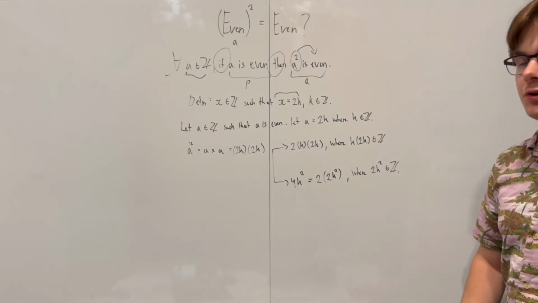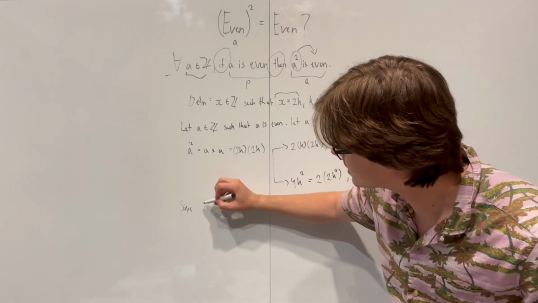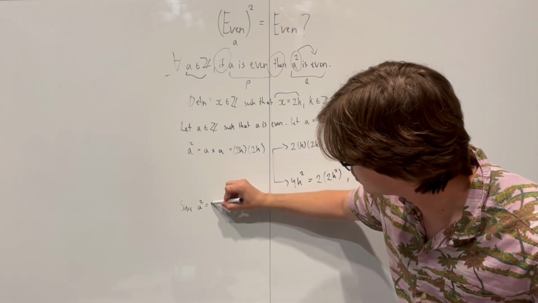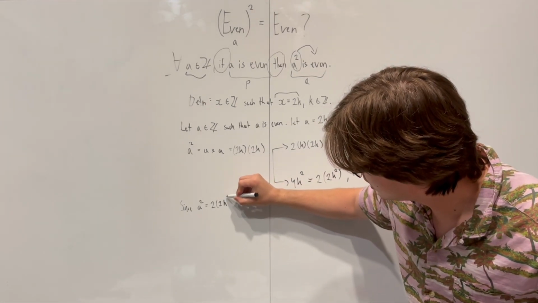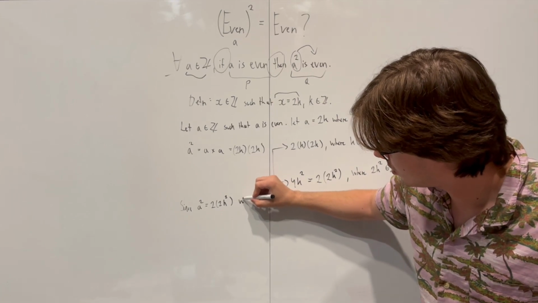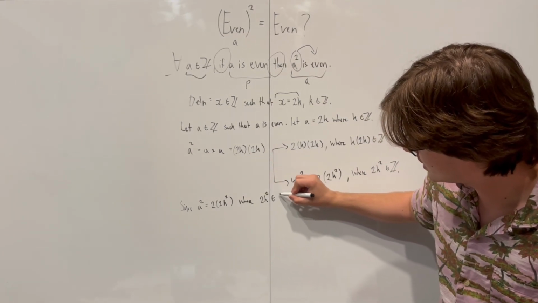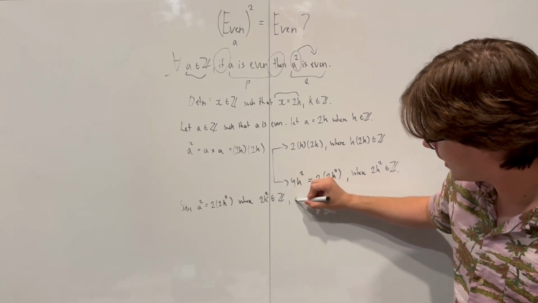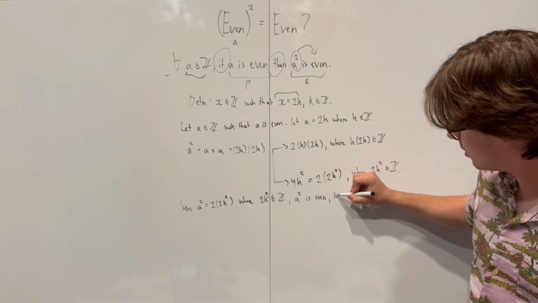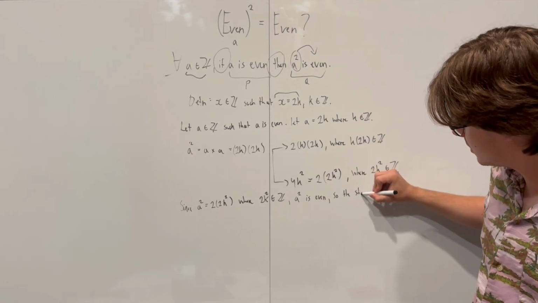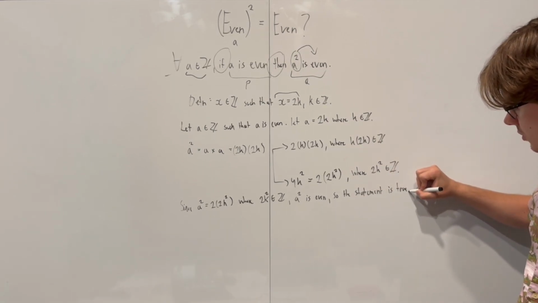Now, regardless which one you chose, your conclusion should be very similar to: since a squared is equal to 2, I'll go with the bottom one, times 2k squared, where 2k squared is in fact an integer, a squared is even, so the statement is true.